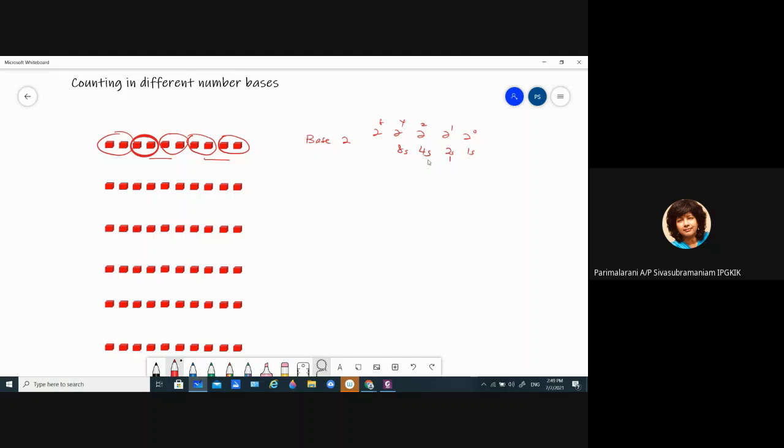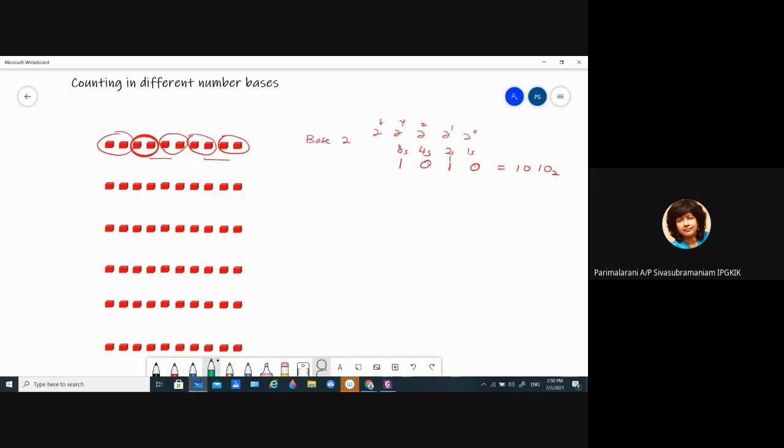So we have 4 groups of twos, which is 8. So we have 1 eight here, and we have a balance of 1 two. So the rest is 0. So this is our number, 1010 base 2.